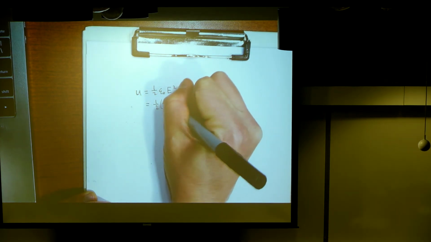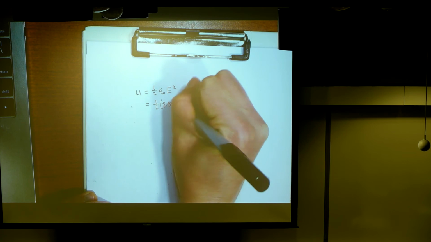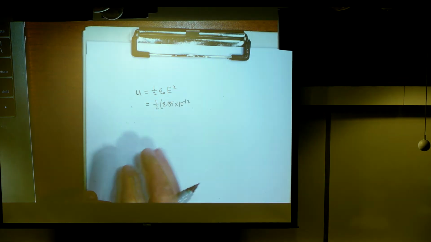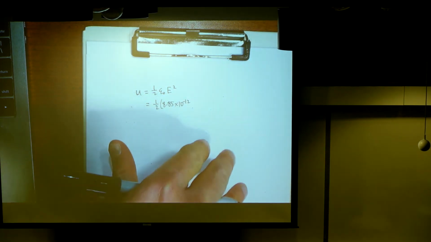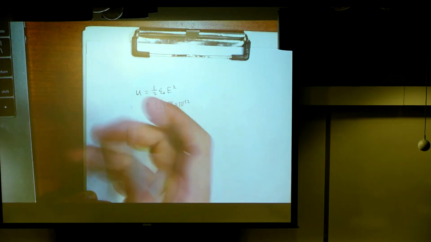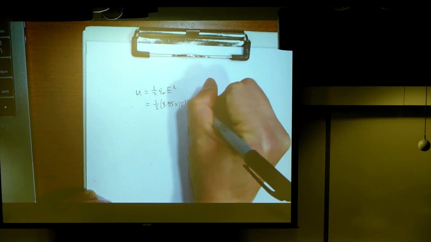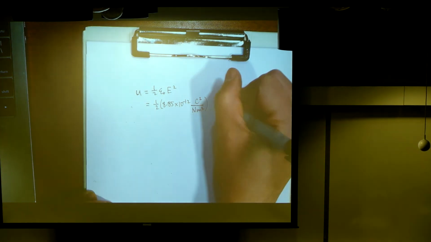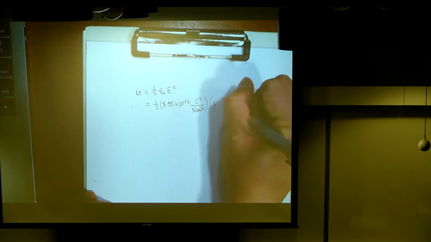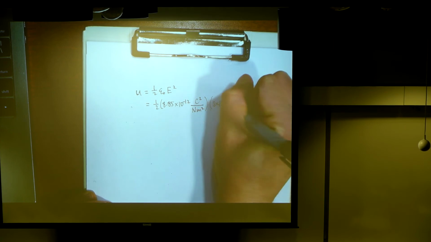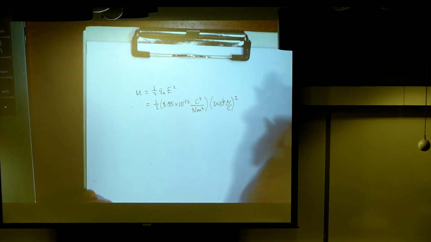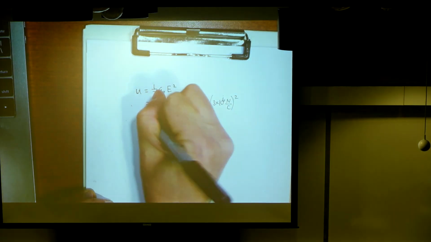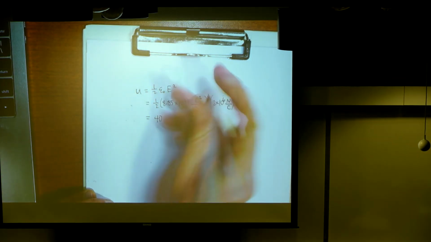Epsilon naught is 8.85 × 10 to the minus 12. I showed you we can think of this as a farad per meter, but I'm going to actually just use the standard unit of coulombs squared divided by newtons times meters squared. And then we'll take our E field, which has units of newtons per coulomb, and plug in 3 times 10 to the 6 and square it.